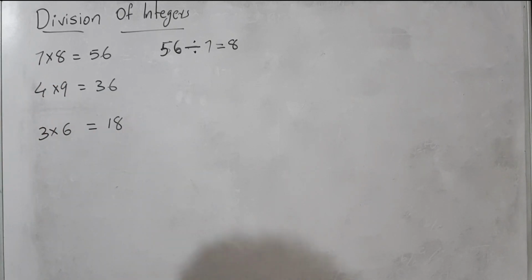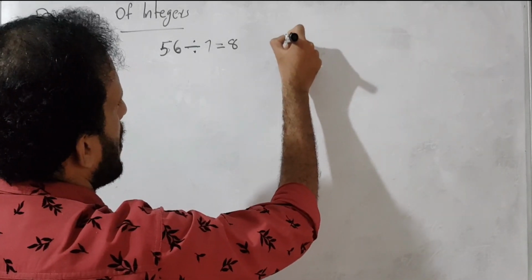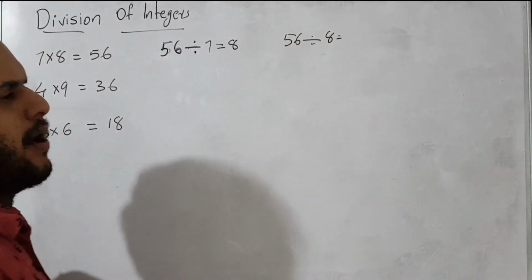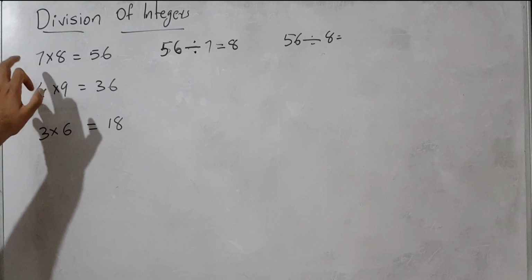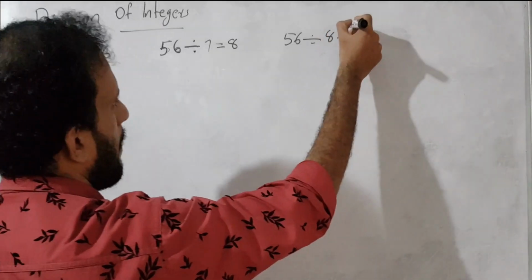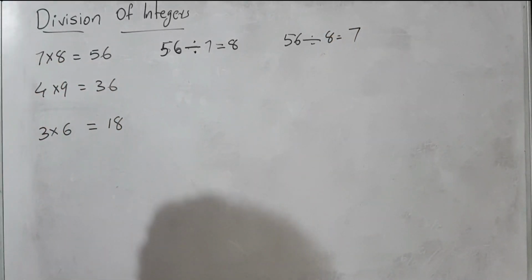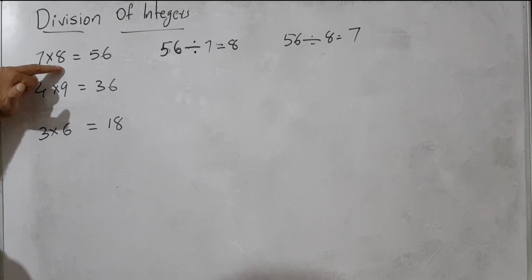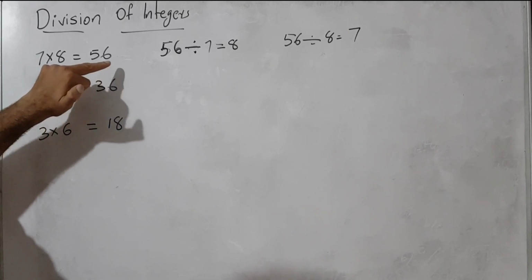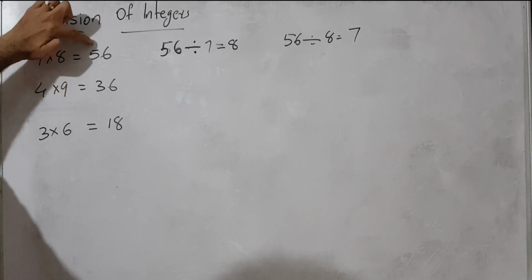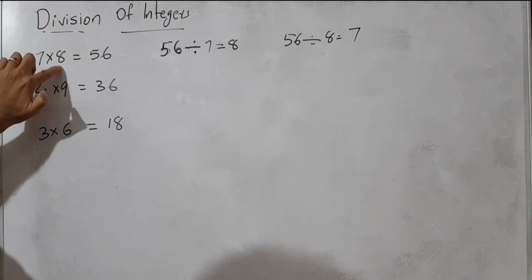Then what is 56 divided by 8? 56 divided by 8 is equal to 7. Correct? That means 7 into 8 is equal to 56. 56 divided by 8 is 7, and 56 divided by 7 is 8.